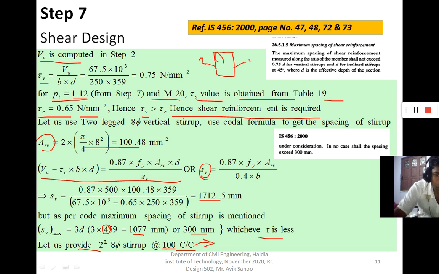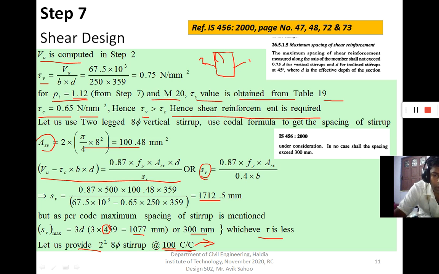To make an earthquake resistant structure, you need closer spaced stirrups. In every structure the earthquake force has to be considered, so considering the earthquake effect, the closer stirrups are used, which is 100 center to center.